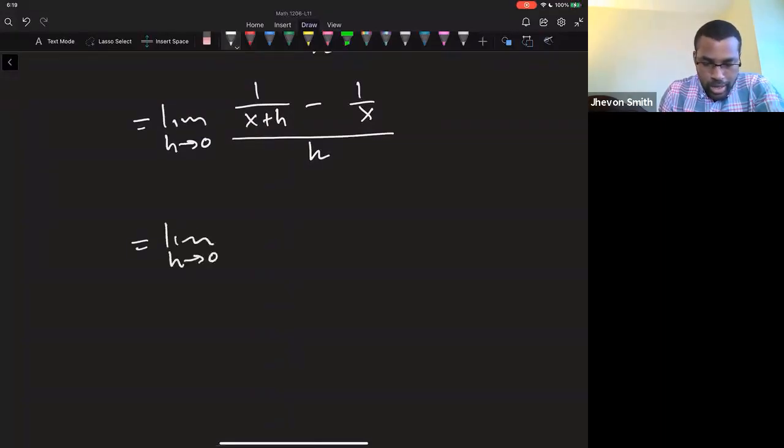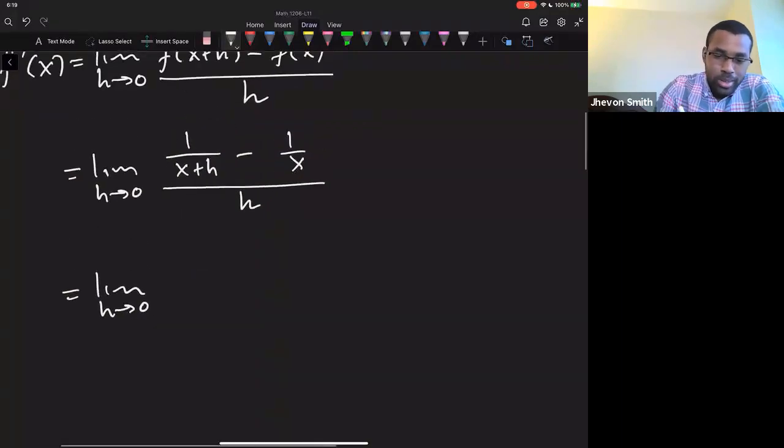We need to review our algebra, guys, or you're going to be in a lot of trouble. Multiply and divide by the LCD is the answer to that question. The easiest way to simplify a compound fraction: multiply and divide by the LCD.